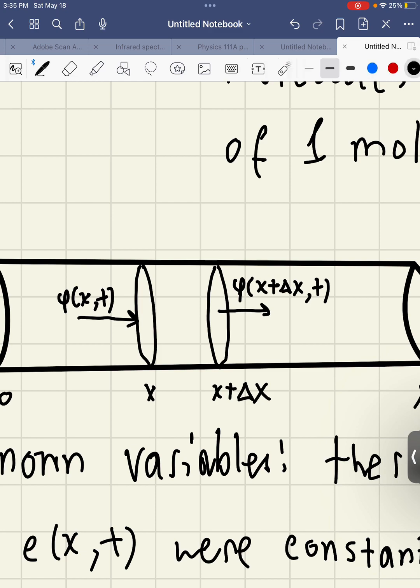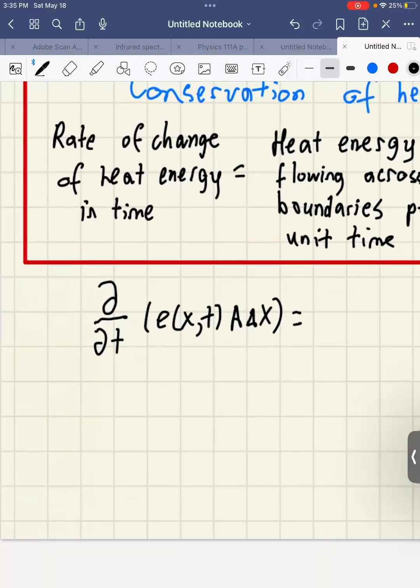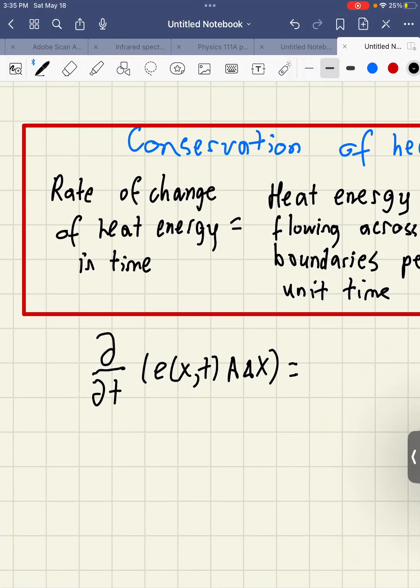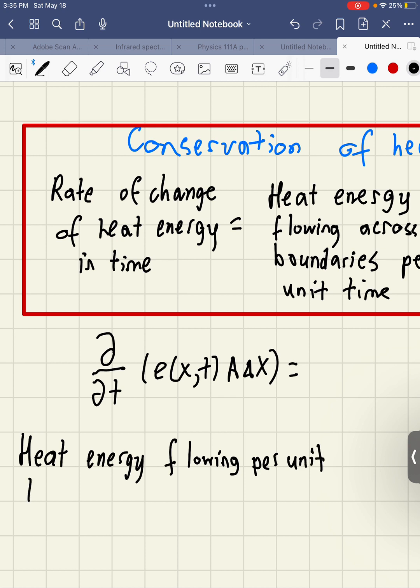So therefore I can summarize this: the heat energy flowing per unit time across the boundaries of the slice.